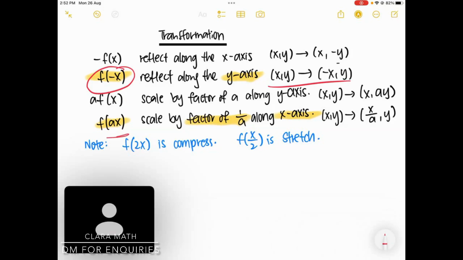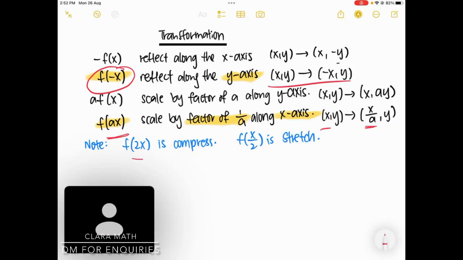And for the scaling, if they do ax, like 2x, f(2x), like just now, when there's a 2x, we think that the graph will get stretched by double, but actually no, okay? Because the factor, instead of times the factor 2, like here, they do 1 over 2 just now, right? So that's why I write here 1 over a, and the x values will get divided by that factor.